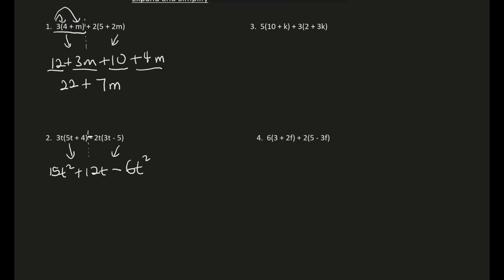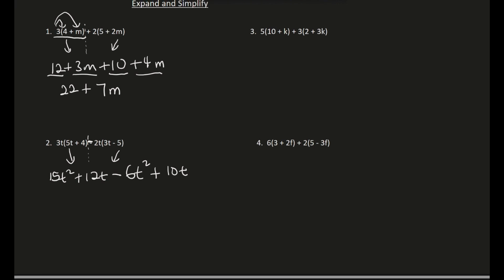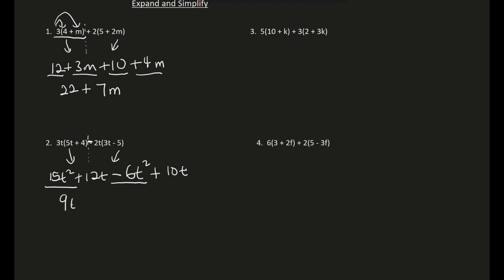Then our next thing is, please take note of your minus sign. We have negative times negative gives us positive. 2t times 5 gives us 10t. Now, grouping like terms and simplifying, we have 15t minus 6t gives us 9t squared.